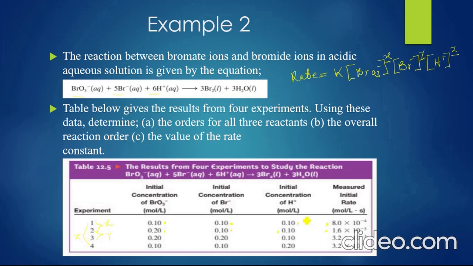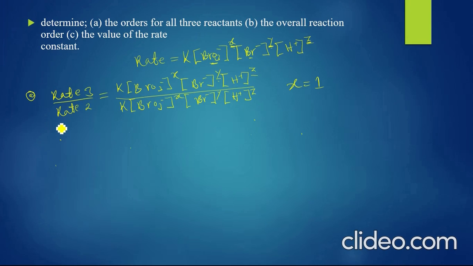So let's just substitute now. The rate on experiment 3 is given to be 3.2 times 10 to the power negative 3 mole per liter per second, and on experiment 2 it is 1.6 times 10 to the power negative 3 mole per liter per second.